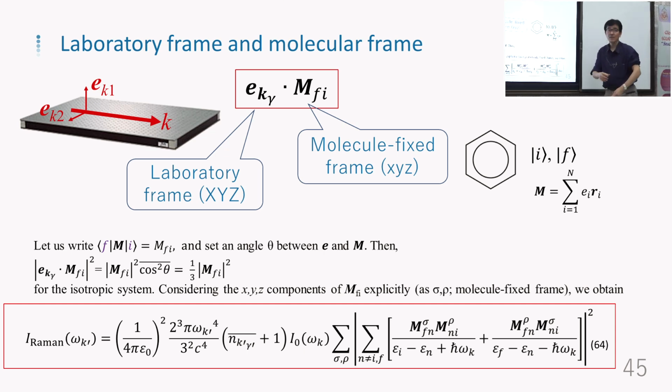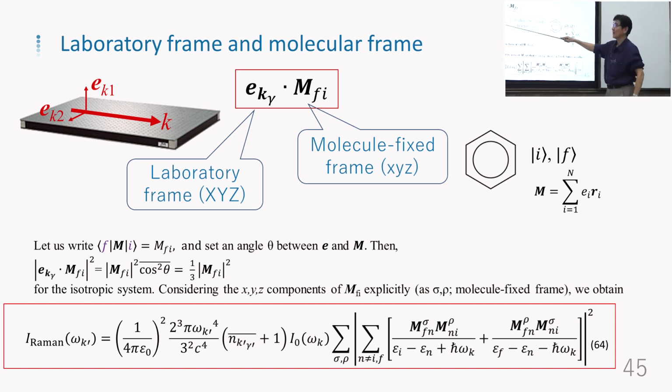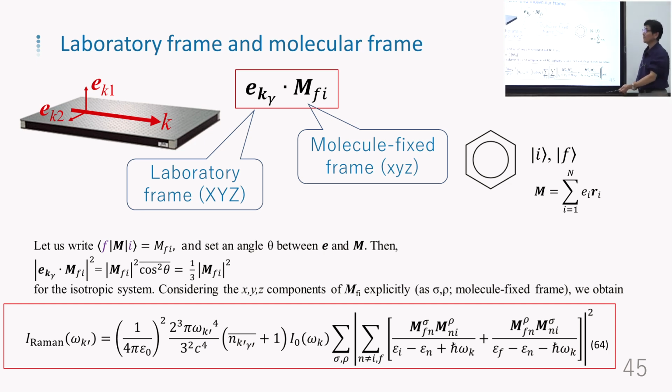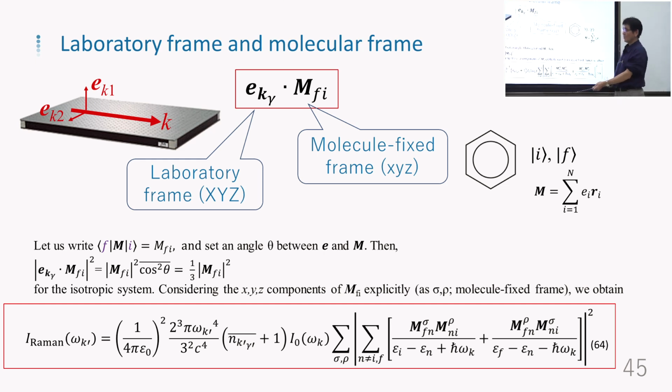So somehow we need to consider the relationship between the laboratory frame and the molecule fixed frame. For that purpose, we introduce an angle theta between the vectors E and M, okay, in the laboratory frame.